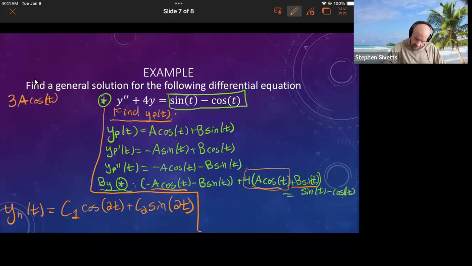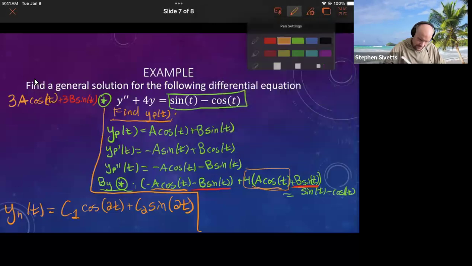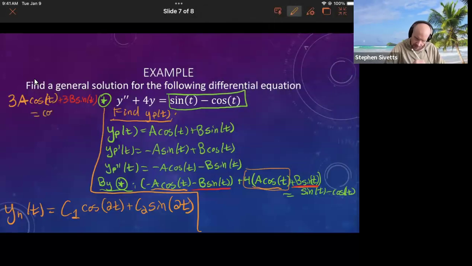And if we have the sine terms, we have a minus b and a plus 4b, so that is 3b sine t. And that has to equal sine t minus cosine t.